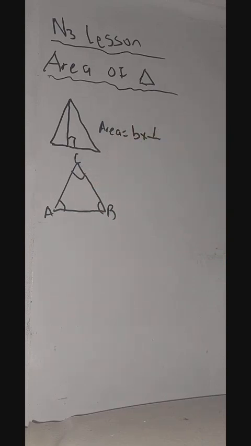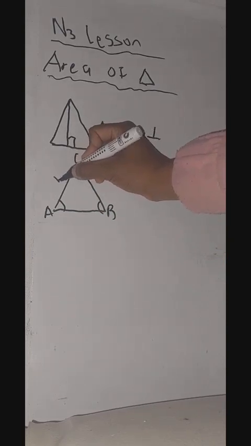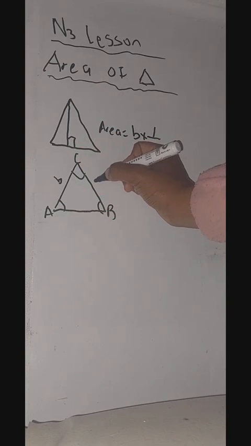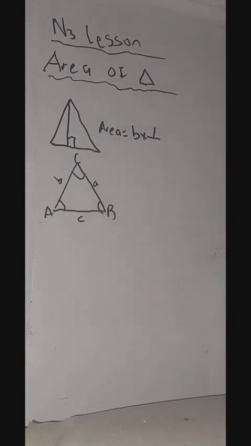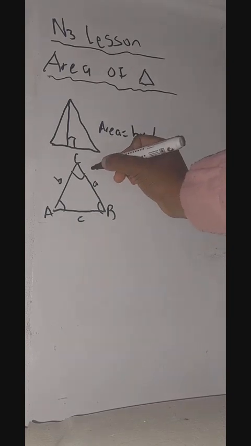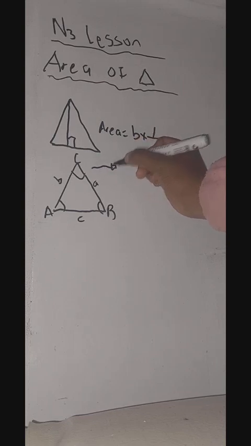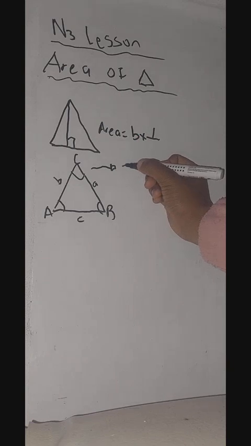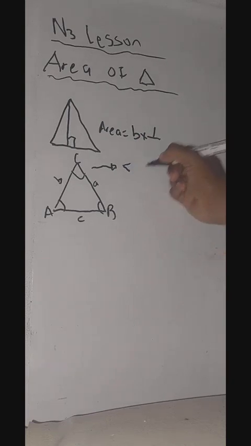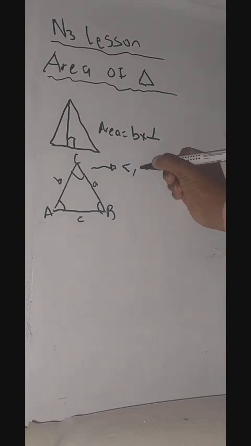We know that this side is B, this side is A, and this side is C, right? So for the condition here, we are going to be given either an angle and two sides.